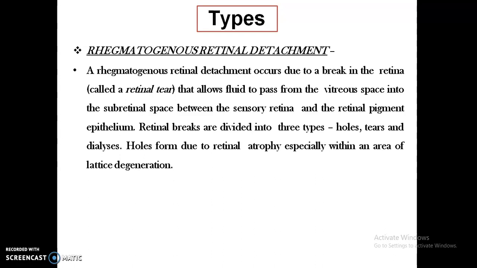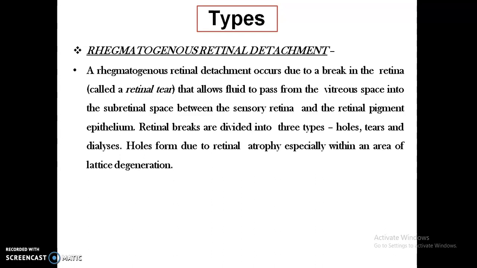Once there is a tear formation in the eye, through surgery or accidents or injury, there may be a chance for a retinal tear, and that will lead to the accumulation of fluid in the retina.